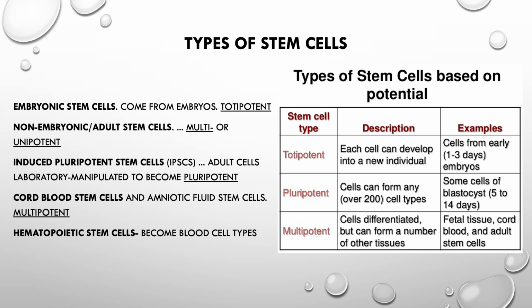Induced pluripotent stem cells are adult stem cells that have been laboratory manipulated. Cord blood stem cells or amniotic fluid stem cells, those we call multipotent, and hematopoietic stem cells are stem cells that give rise to different types of blood cells.